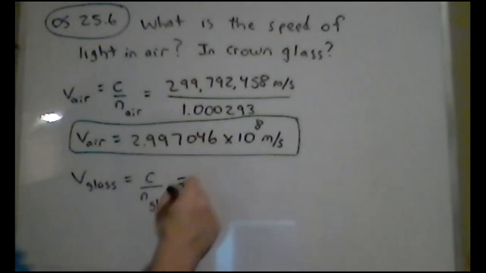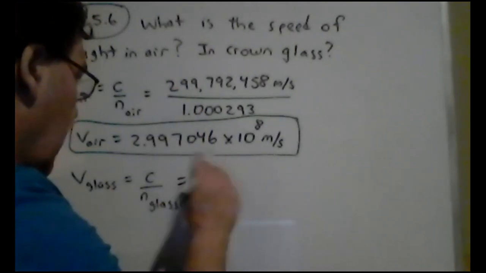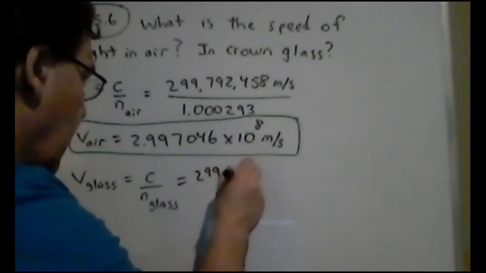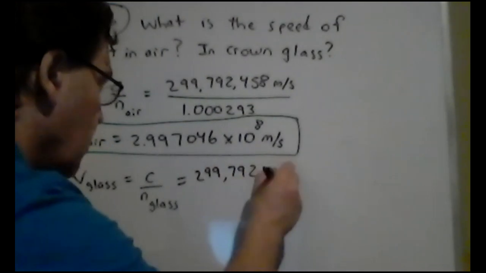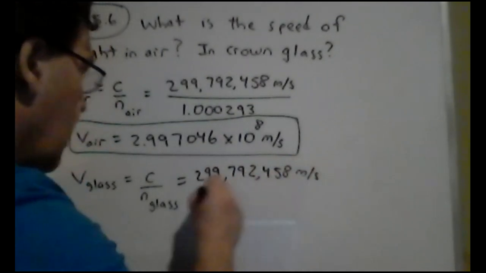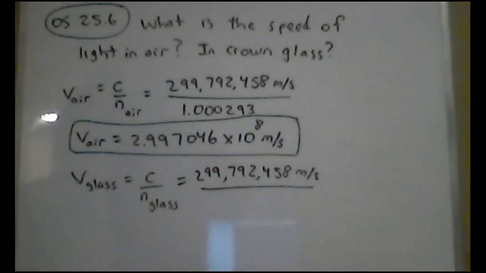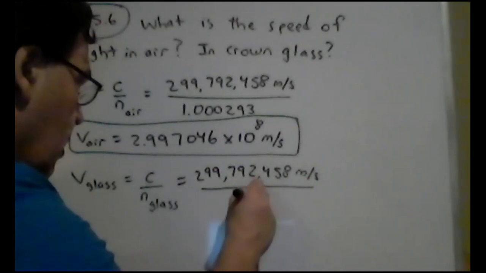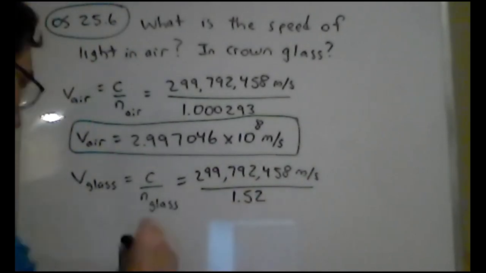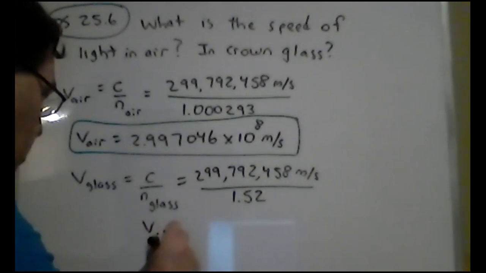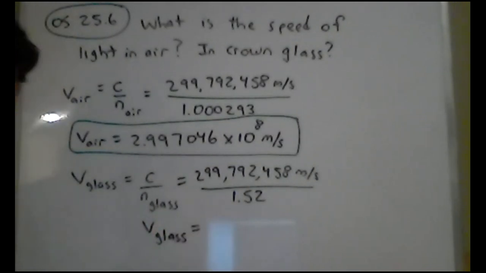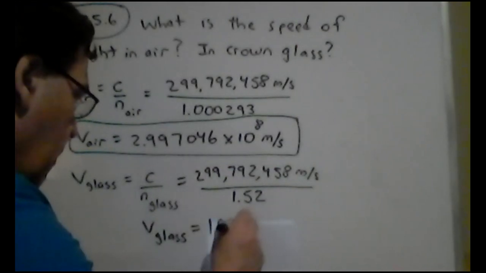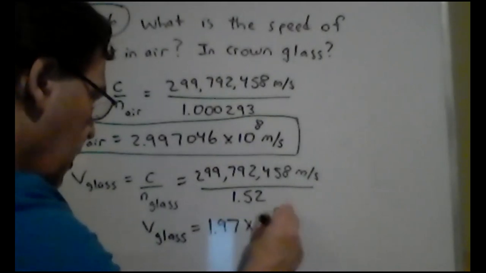Again, I would go with the full-blown speed of light in a vacuum, 299,792,458 meters per second. Generally speaking, the accepted value for the index of refraction of crown glass is typically 1.52. And you work that out, you find the speed of light in crown glass is about 1.97 times 10 to the 8th meters per second.